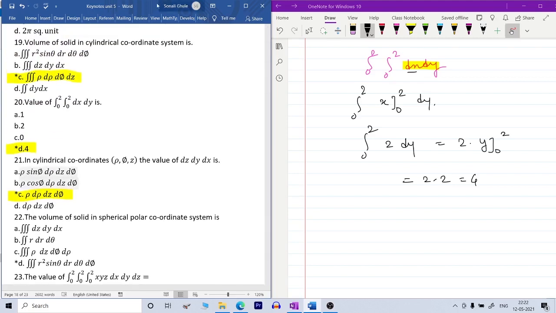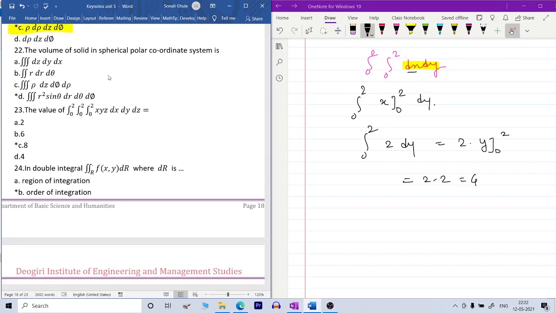Here is the formula that we have seen, as you can see. Okay. Now next question is the volume of solid in spherical coordinate system. So this is your option. It is given by the formula.